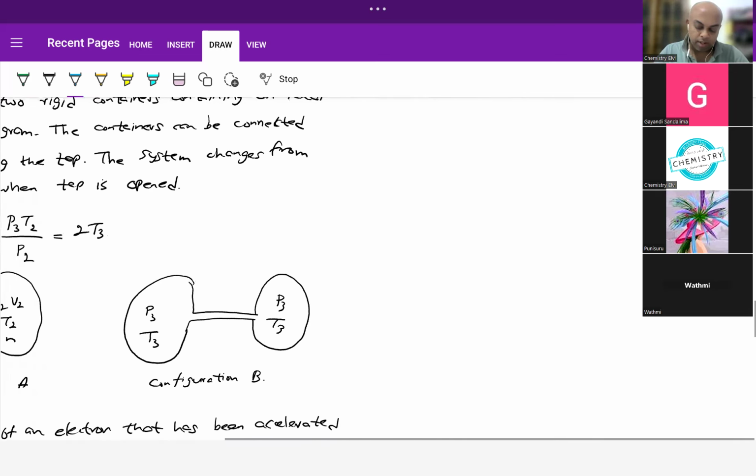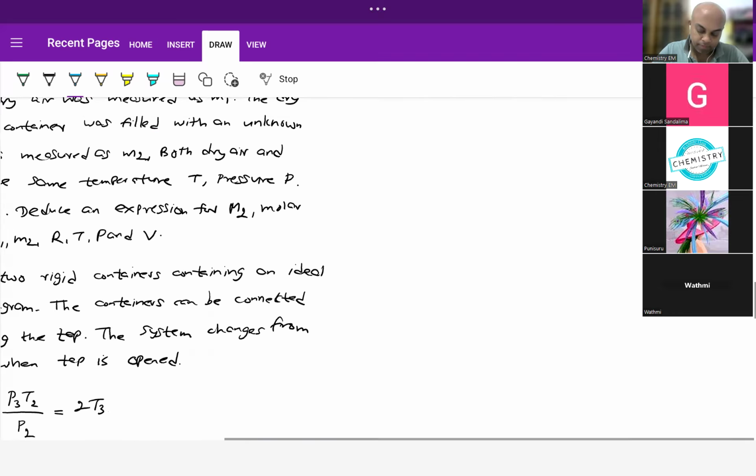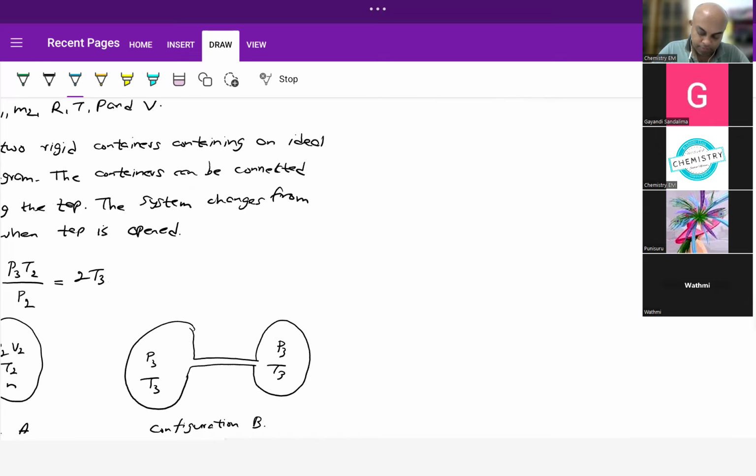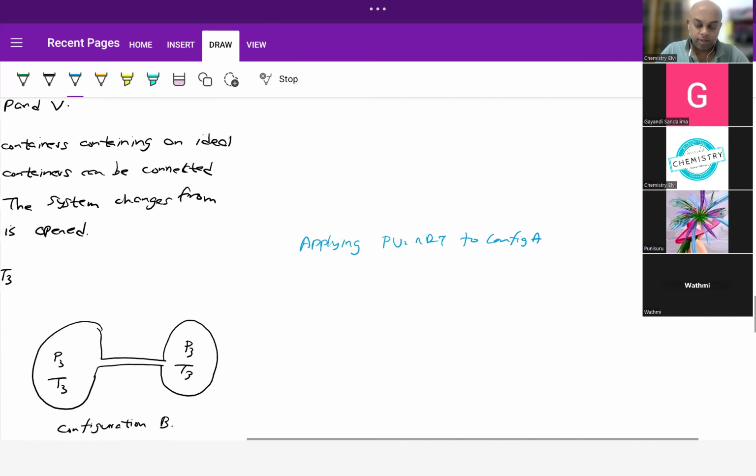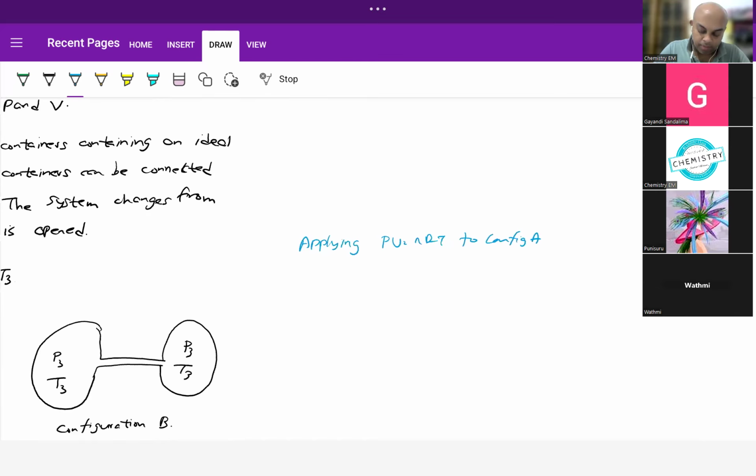So I can apply PV equals nRT like this. Applying PV equals nRT to configuration A, we can say there are two containers, first container and second container. I will apply PV equals nRT for the first container.